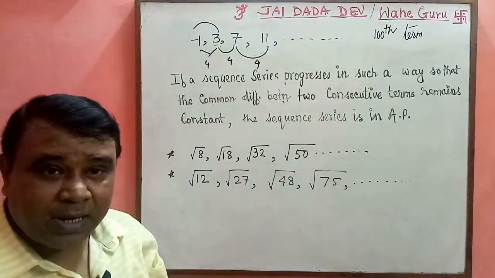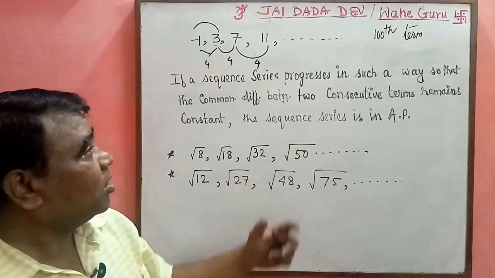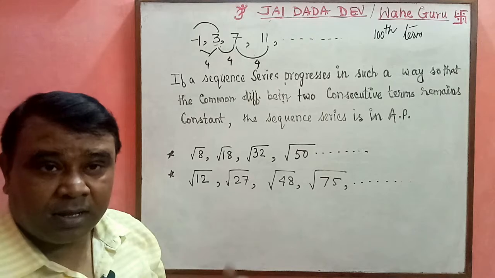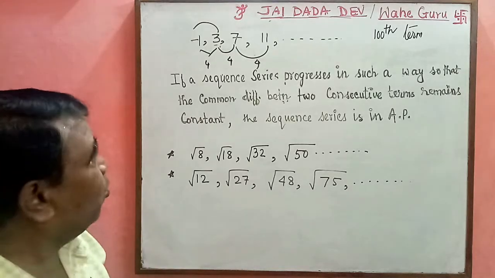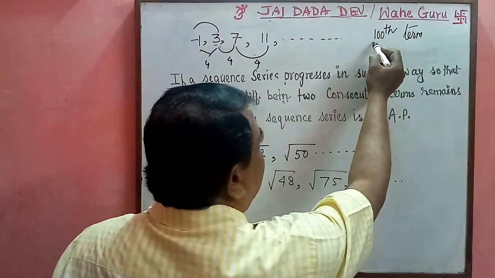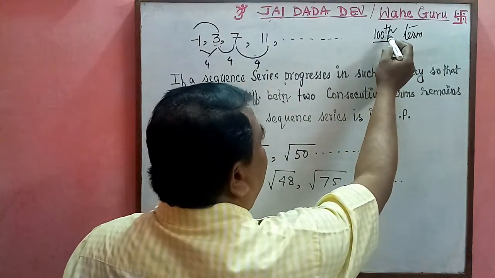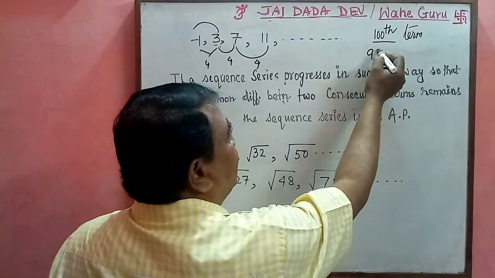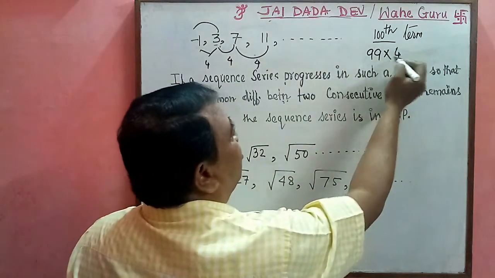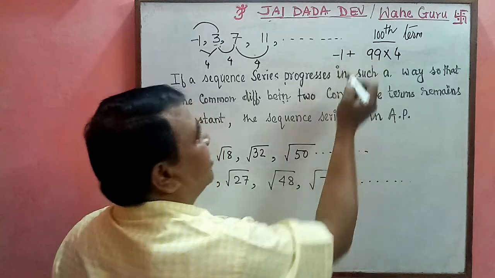If I ask anybody, could you find the 100th term of this AP? Yes, we can. How? See, we just multiply 100, that is 1 less, 99, into the common difference, which is 4, and the first term is added.